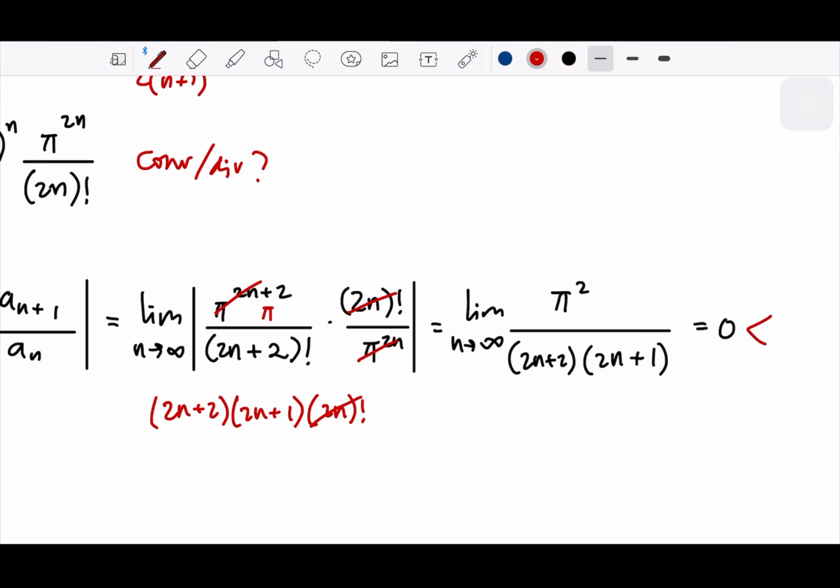Remember in the ratio test, we can draw this conclusion, right? That means that it converges.